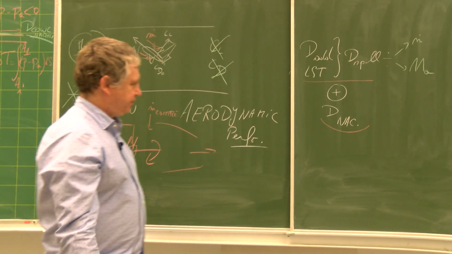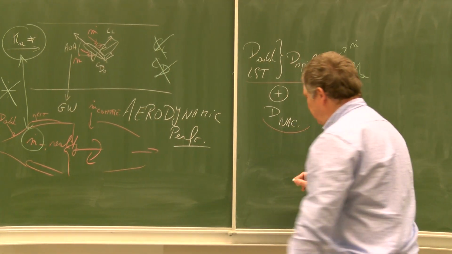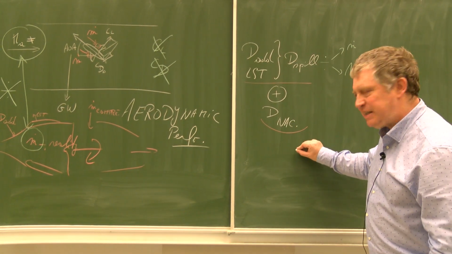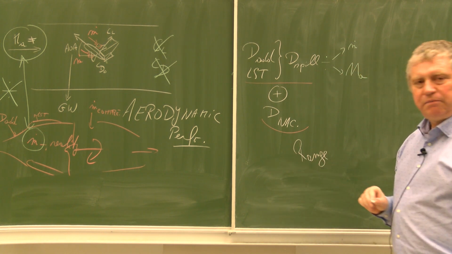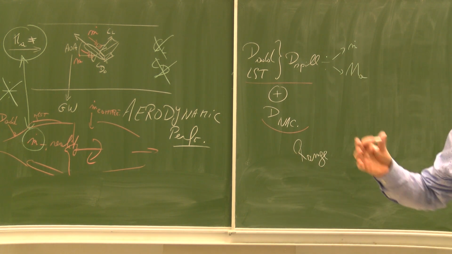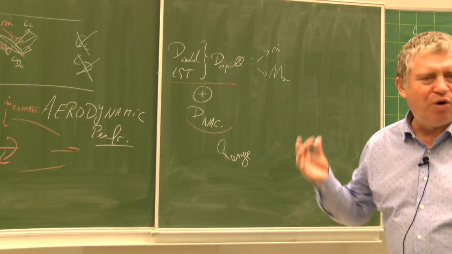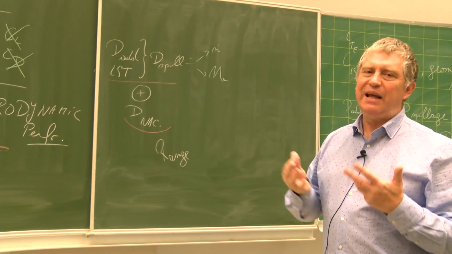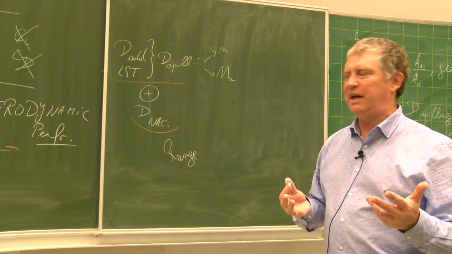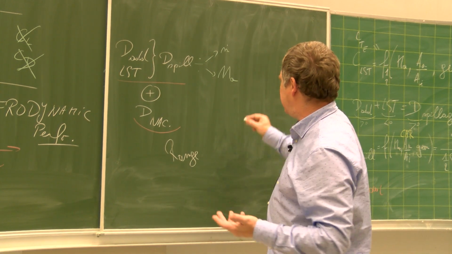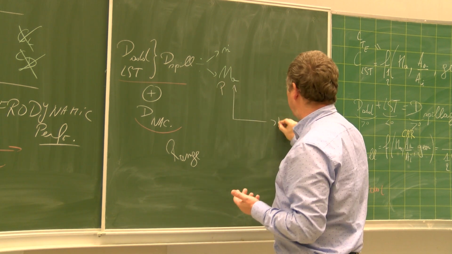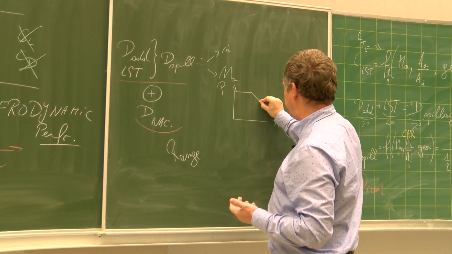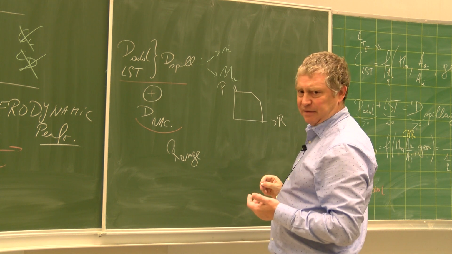Second question, what are you trying to obtain? This is, let's say, the range. Or the endurance, or I don't know what you want to express as a global performance of the aircraft, but normally this corresponds with a payload-range diagram, which is something like that.